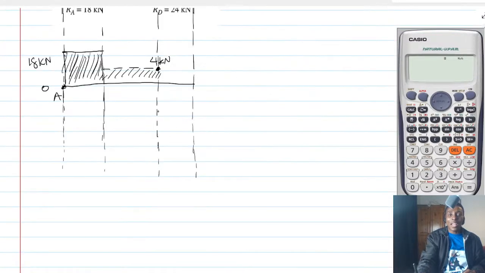Meaning that in the last part, it came down all the way from 4 and dropped to minus 24.